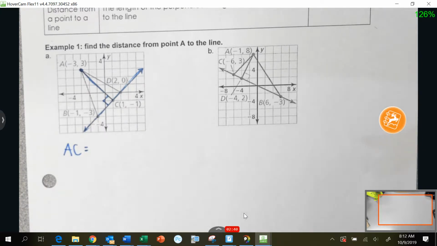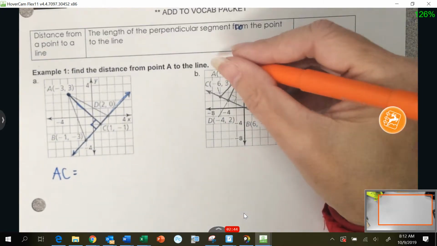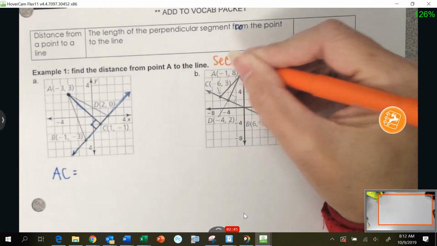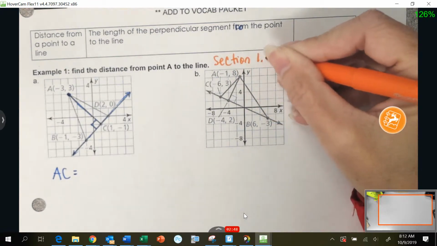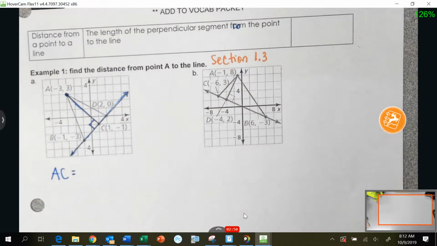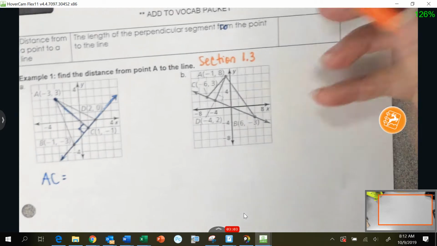Section 1.3, so we're going to refer back to section 1.3. Here's the thing that makes math the greatest subject ever, but it also makes math the one subject where you have to remember everything you've done in the past, because it's going to keep coming back. Section 1.3, we need the distance formula.